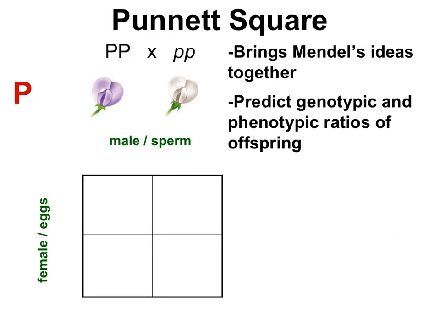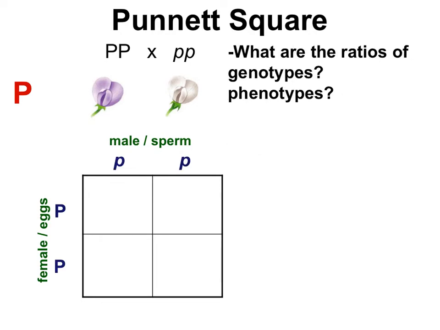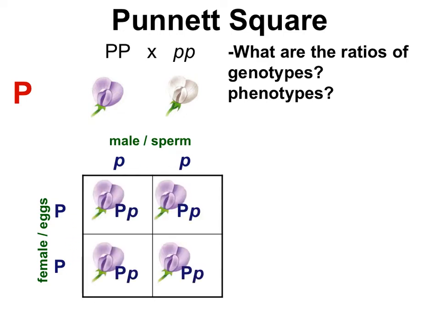Mendel's work also inspired other scientists to come up with the Punnett Square, a tool that's used to predict the genotypes and phenotypes of different breeding crosses. We could use Punnett squares to explain Mendel's pea plant flower data. To set up a Punnett square, you split one parent's alleles along the top and you split the other parent's alleles along the side.